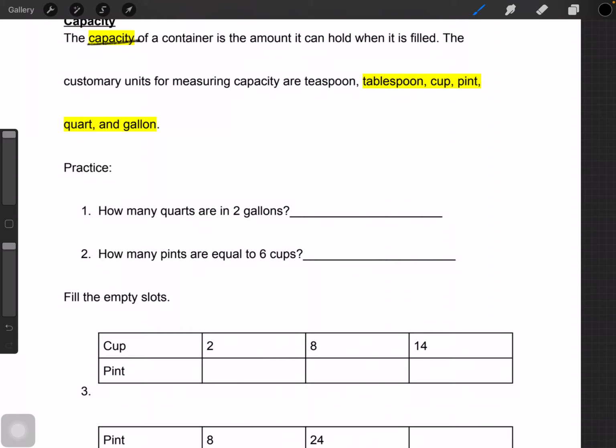So in 1 gallon there are 4 quarts. So in 2 gallons there are 8.